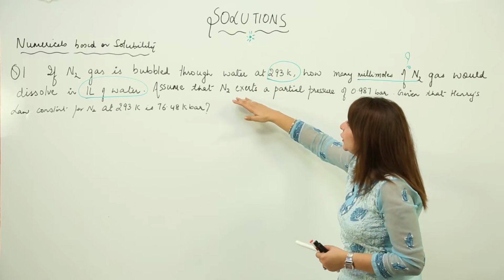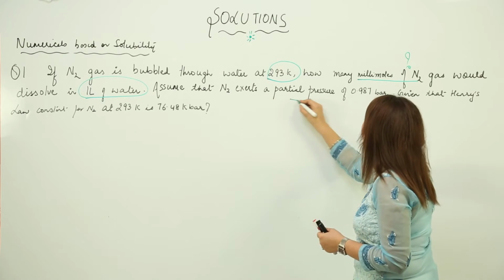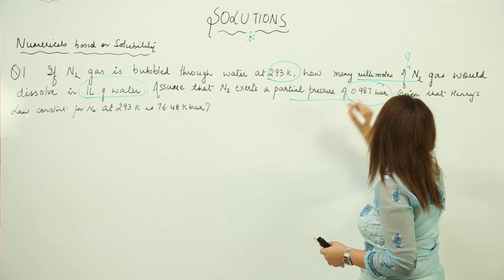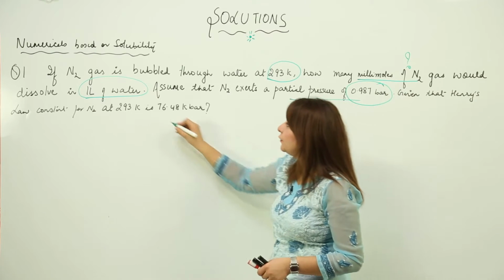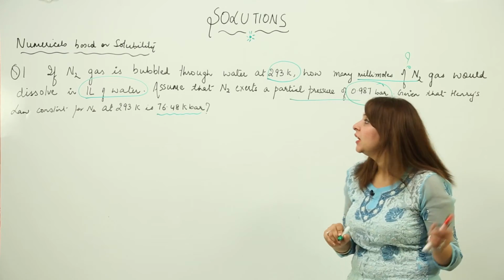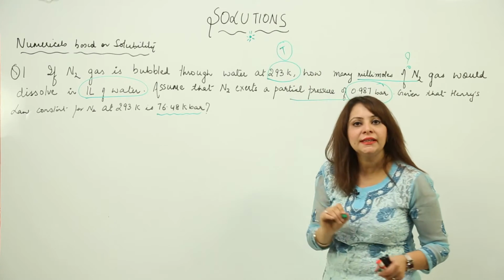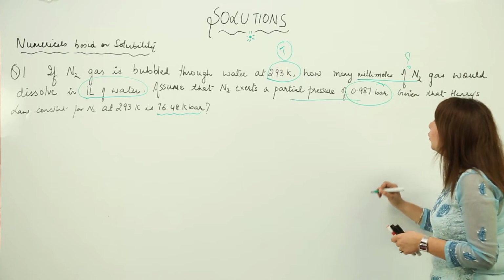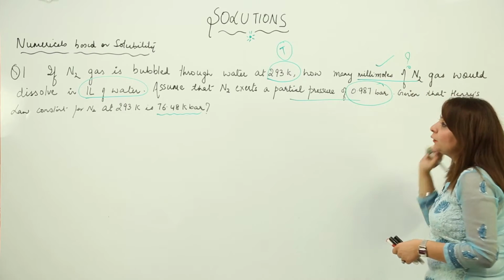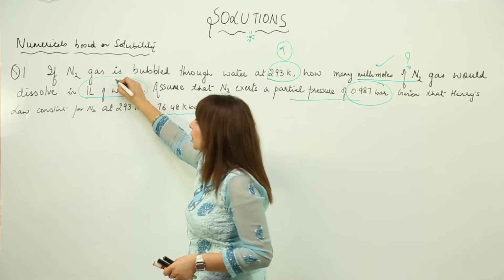Assume that the nitrogen exerts a partial pressure of 0.987 bar, and we are also provided with the Henry law constant. So again, just look at the question. This is our temperature, 293 Kelvin. We need to calculate how many millimoles would dissolve in 1 liter of water.